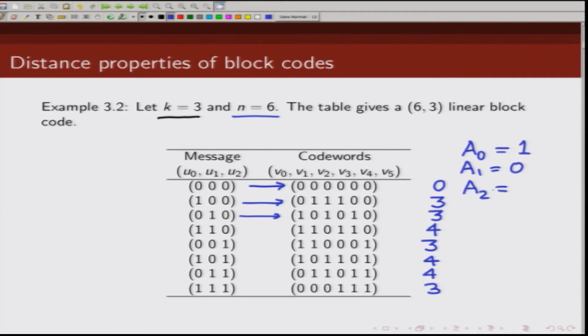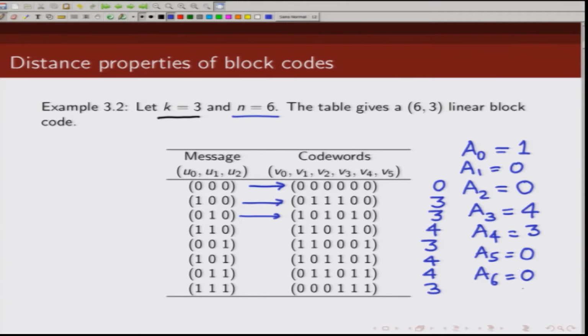How many code words do we have with Hamming weight 2? Again that is 0. What about A3? That is basically 1, 2, 3, 4. We have 4 code words with Hamming weight 3. A4: 1, 2, 3. We do not have any code word with Hamming weight 5 or Hamming weight 6.